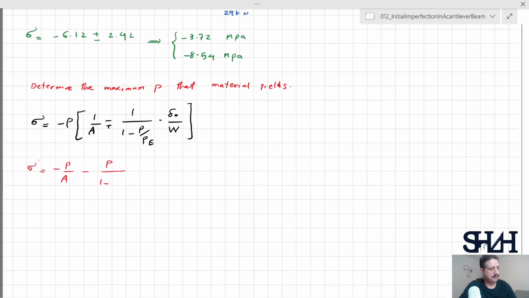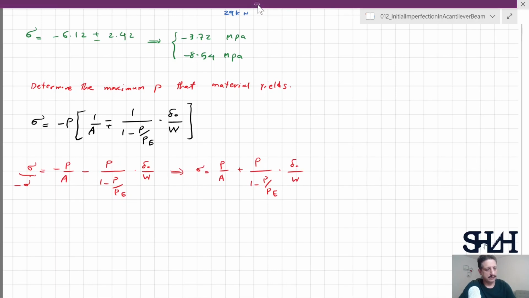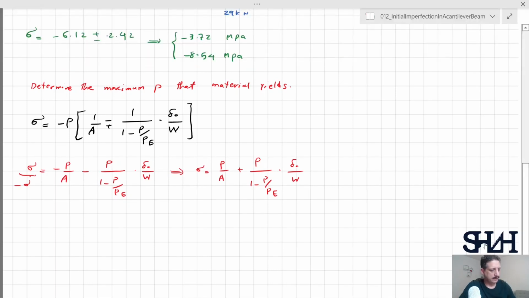Minus P divided by 1 minus P over PE times delta 0 divided by W. And as far as it's going to be a compressive value, this sigma will also be negative, so I can just multiply by the negative sign, and sigma will be P divided by A plus P divided by 1 minus P over PE times delta 0 divided by W. And from here, we can just multiply by 1 minus P over PE.